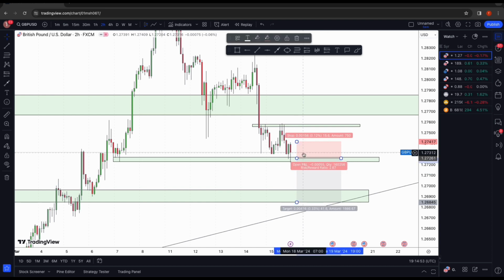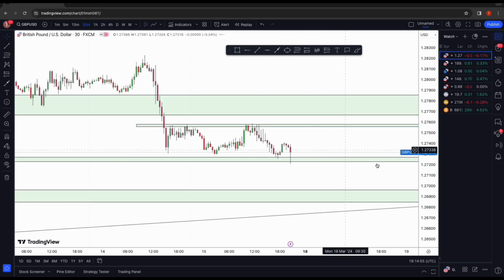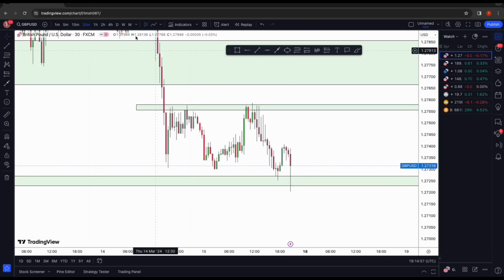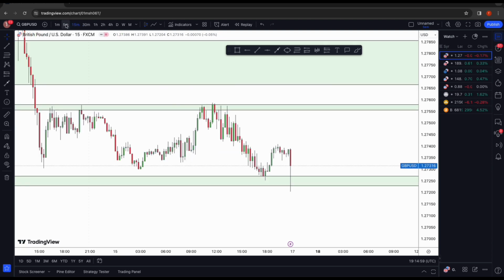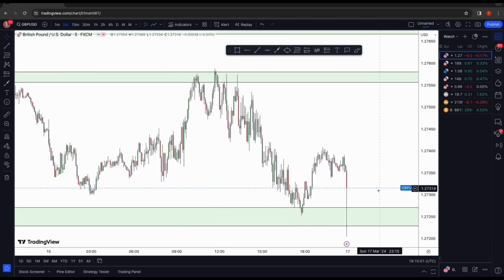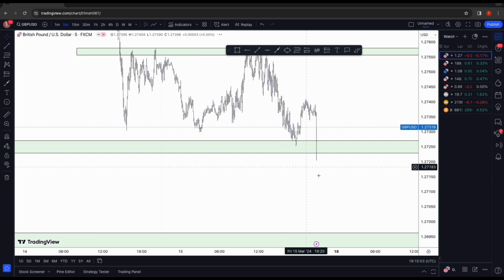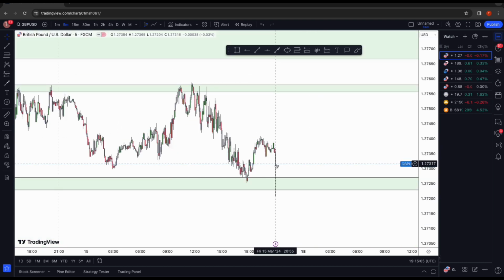If I was to look for a long, I would see what price does from here again. We'd want to see some sort of move up and then back down into this sort of zone.